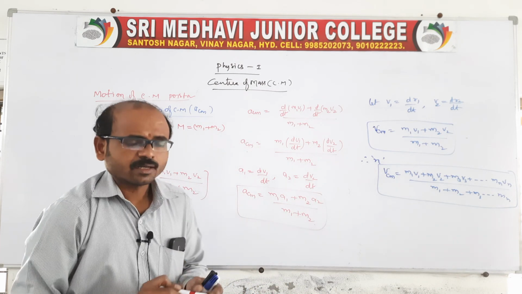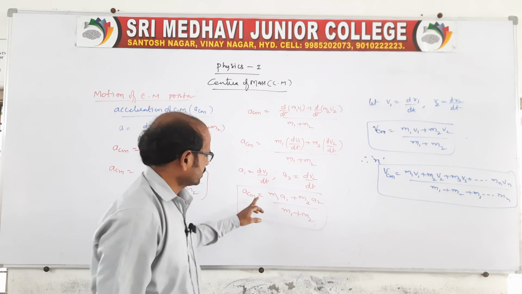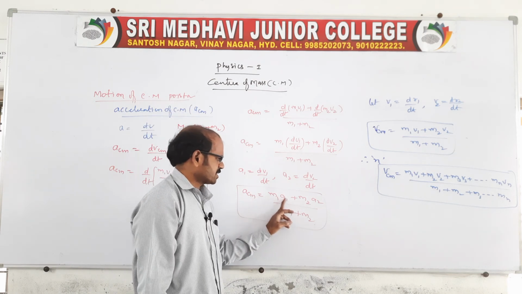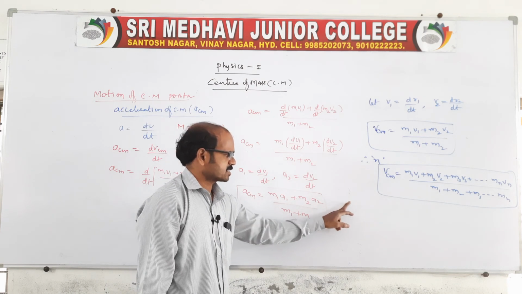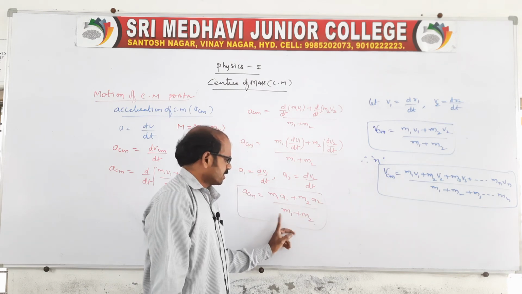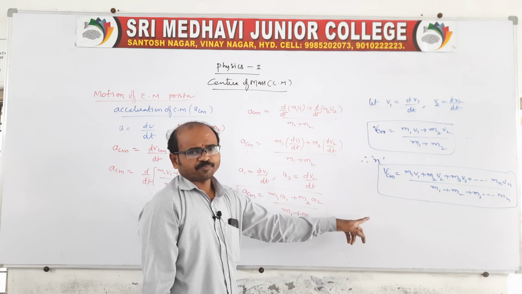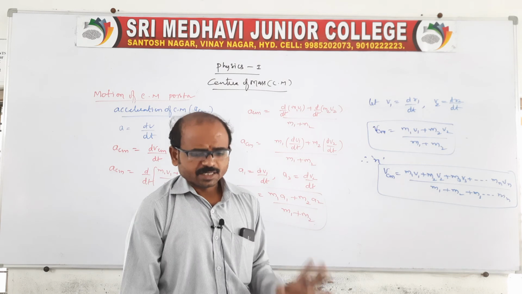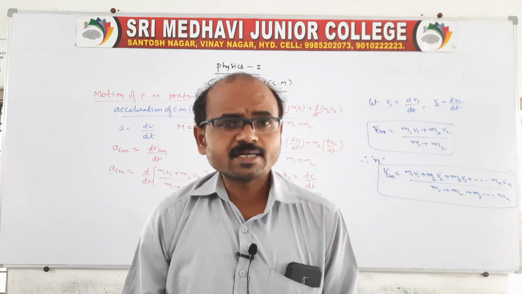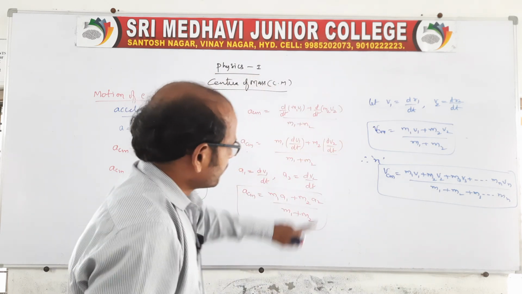For n particles, ACM is equal to (m1 A1 plus m2 A2 plus m3 A3 and so on up to mn An) by (m1 plus m2 plus and so on up to mn). This is the acceleration of the center of mass, as well as the velocity of the center of mass.